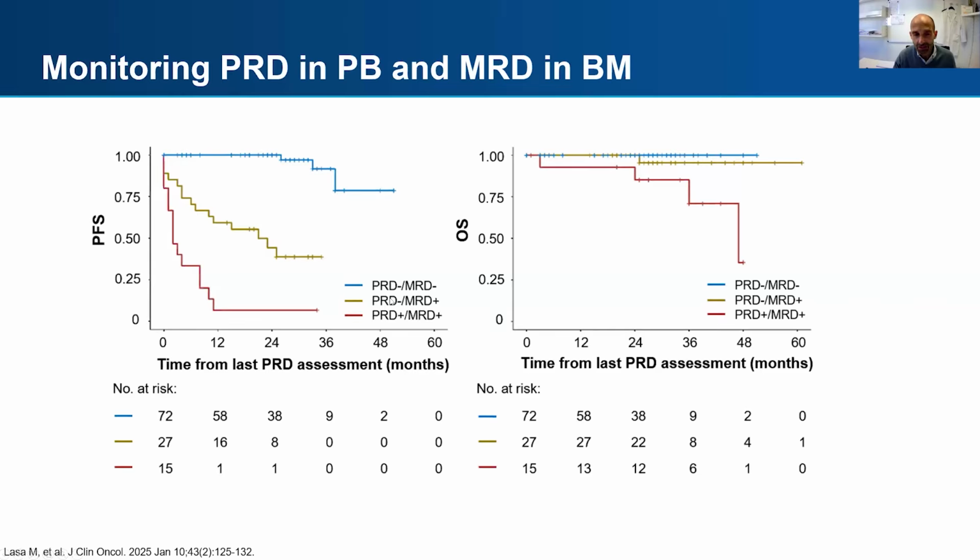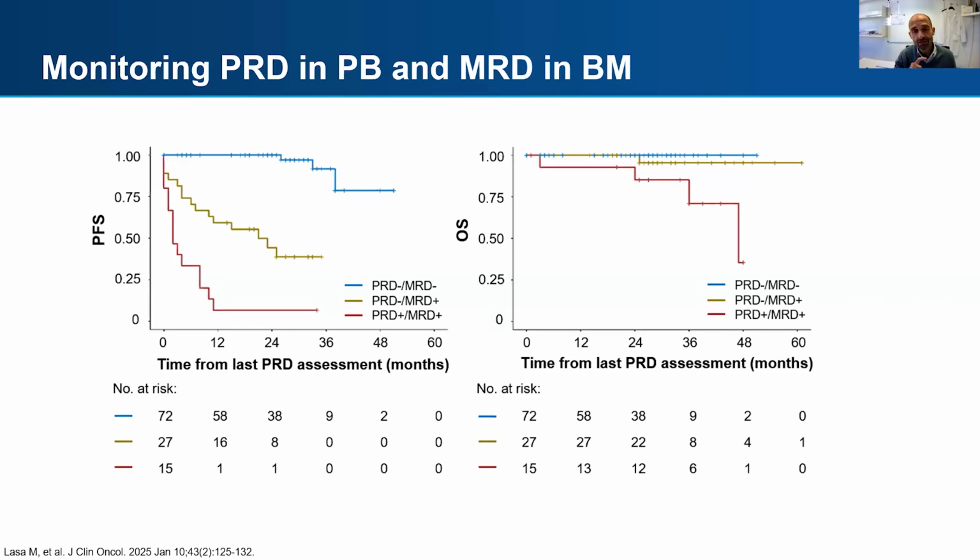This means that the blood is not as sensitive as the marrow. And as you can see in the slide, if there is residual disease in the marrow but not in the blood, this will result in inferior progression-free survival when compared to those patients with double negative result. This is why, as I was saying before, blood is not as sensitive as the marrow.